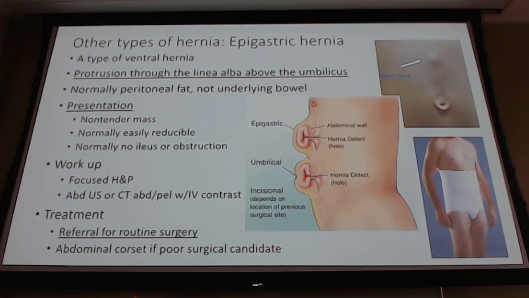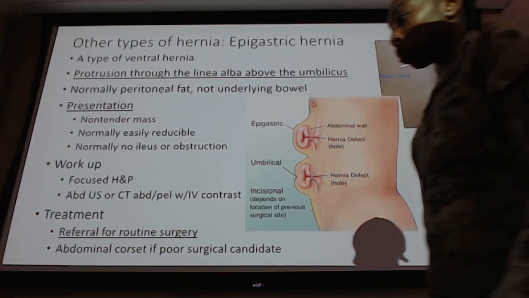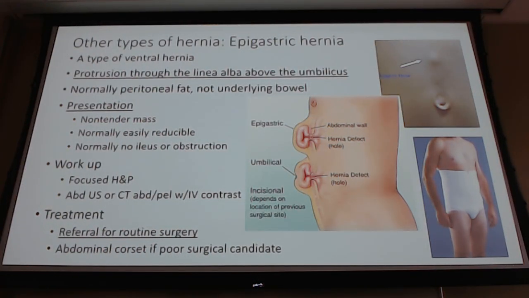If they are a poor candidate, not really eligible to go under general anesthesia, this is not one that we can really do an epidural block for. We can in an emergency, but realistically in an emergency we're going to do general anesthesia.